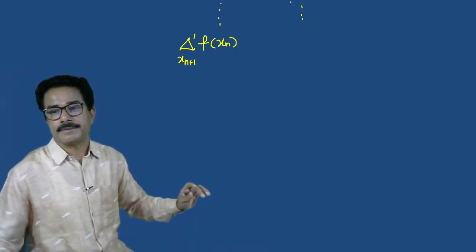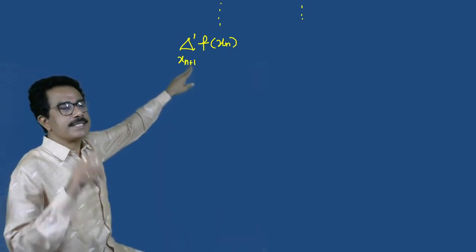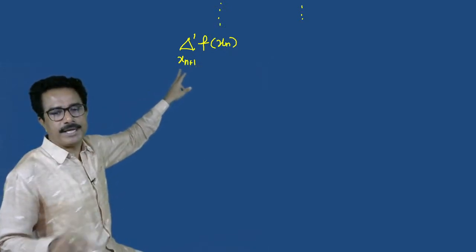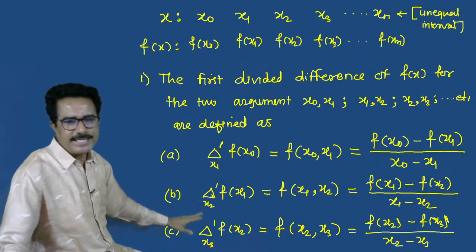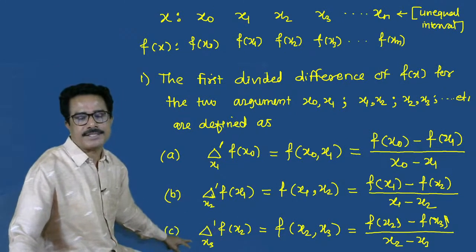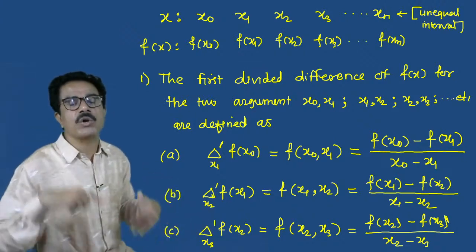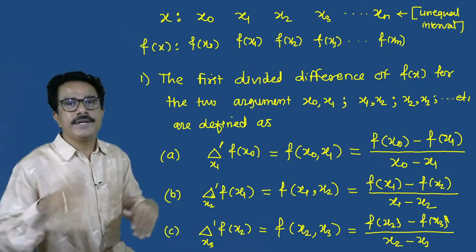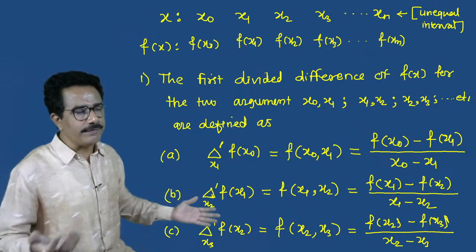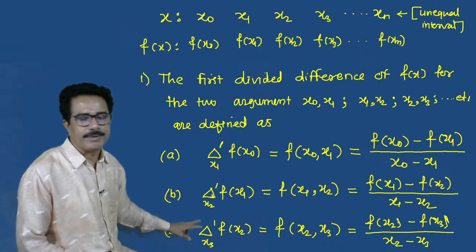See this, note that. In this case delta dash f of xn over xn plus 1 is like this, delta dash f of x2 over x3 means first, delta means first forward difference, first divided difference, we should not say forward now, first divided difference of f of x2 over x3.